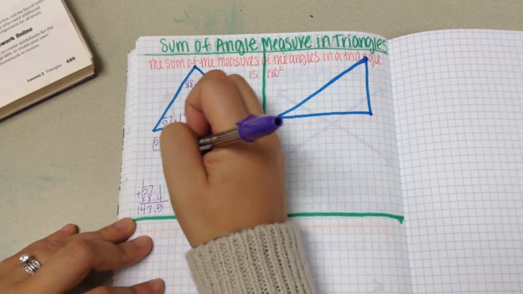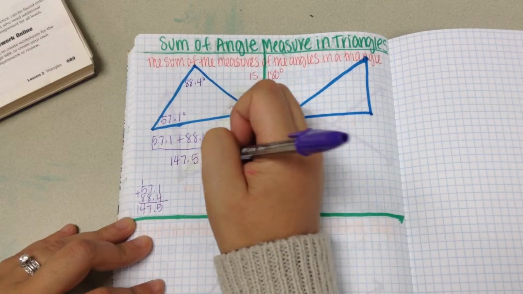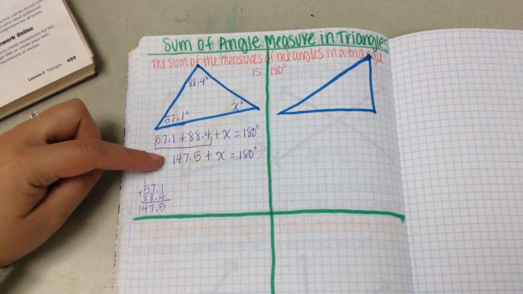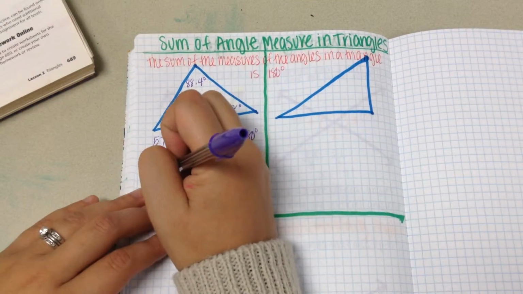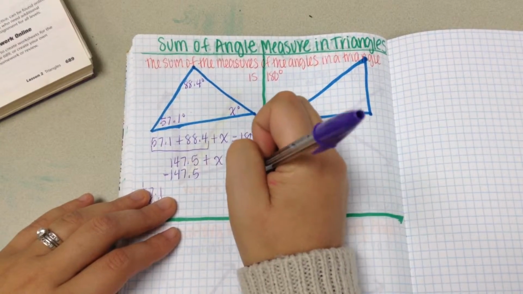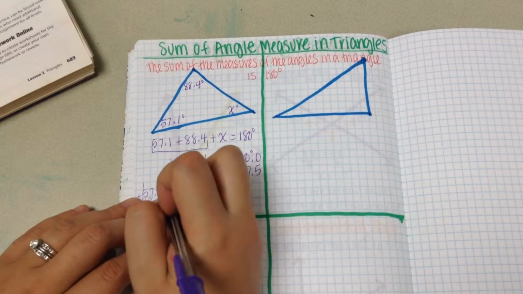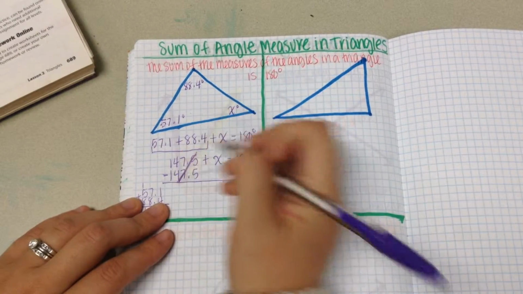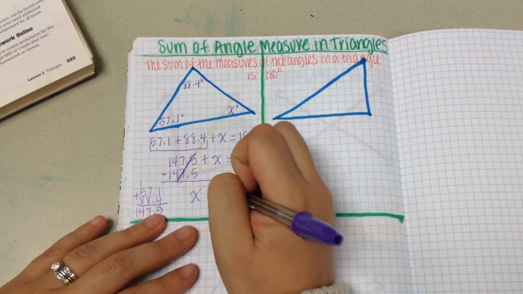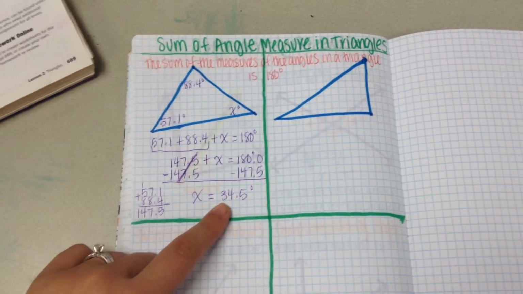So when we add these together, we're going to get 145.5 plus x equals 180 degrees. Now again, we have to subtract this. So minus 145.5. Now we have to put a 0.0 here because we need to make sure that we line up the decimal places. So this is gone, and we're going to get x is equal to 34.5 degrees. Okay, so this is your final answer.